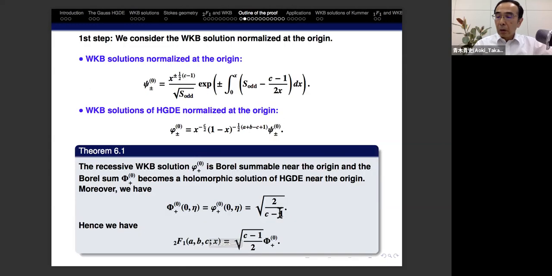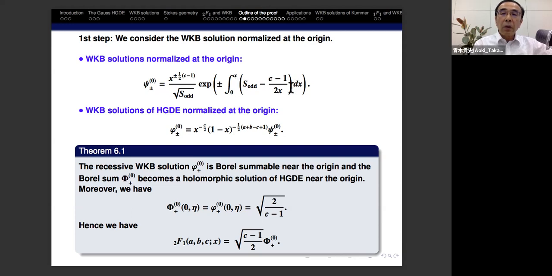So this is the first step. We take a WKB solution normalized at the origin. That is, we define psi plus minus node by this equation. That is, we exclude the pole part of S odd, and then we can integrate this one.